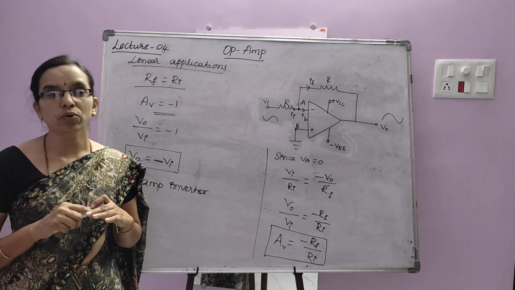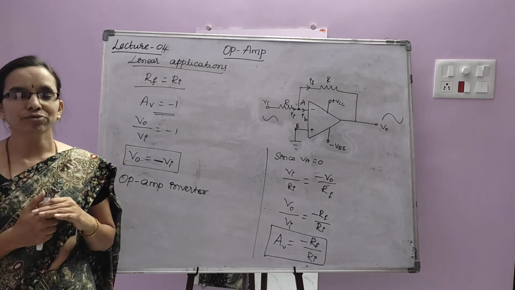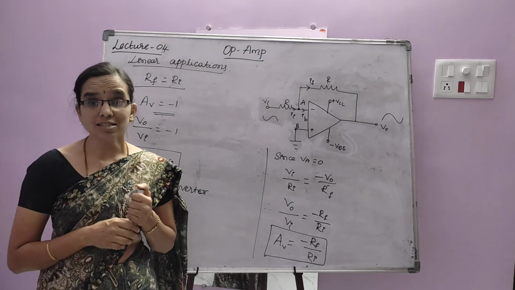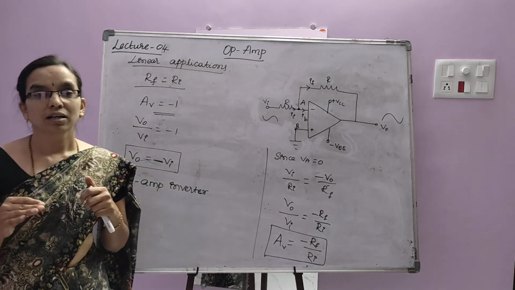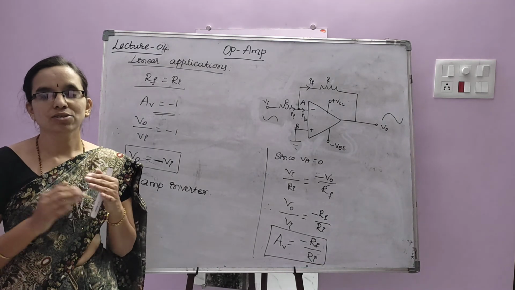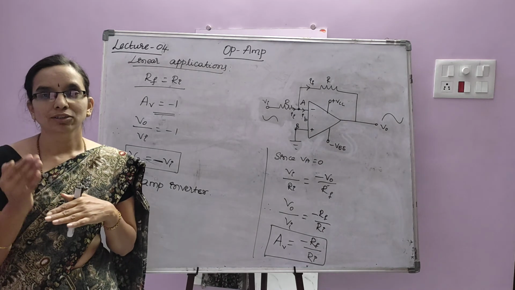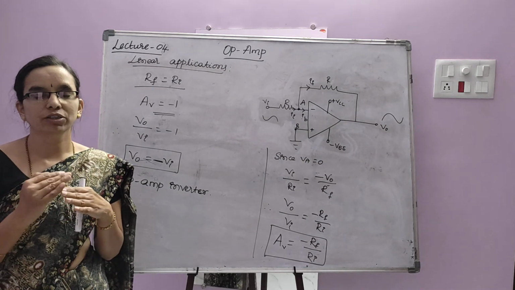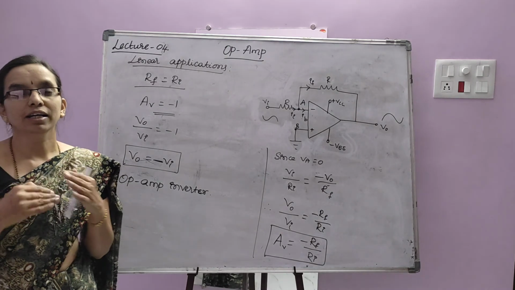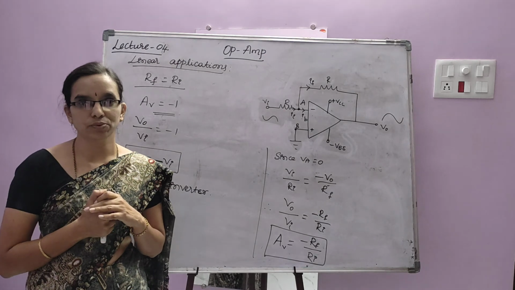Output voltage is equal to input voltage in magnitude, but it is out of phase by 180 degrees. There are some applications where we need an inverter circuit, so that the output voltage is reversed. We want to get the inverted signal, then these op-amp inverters are used.